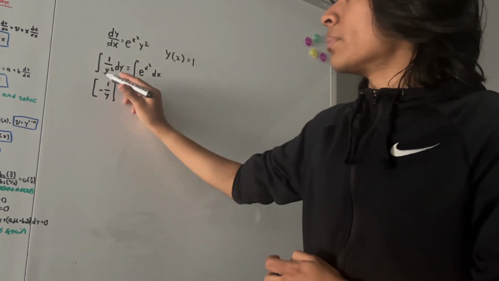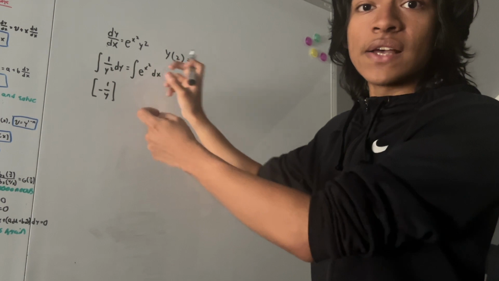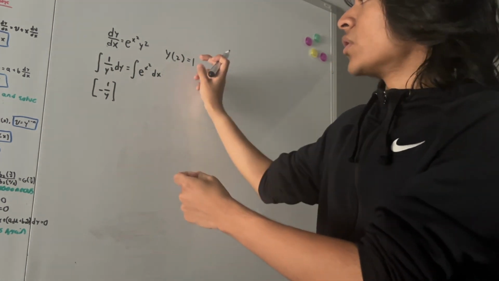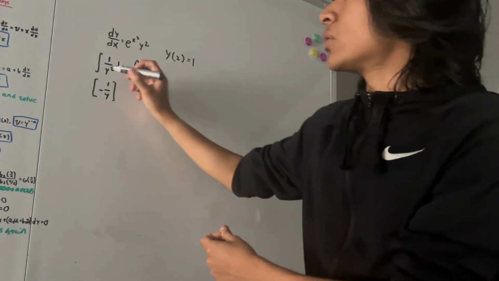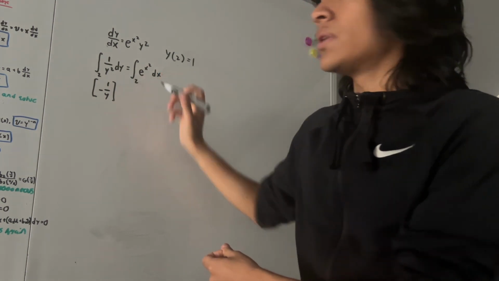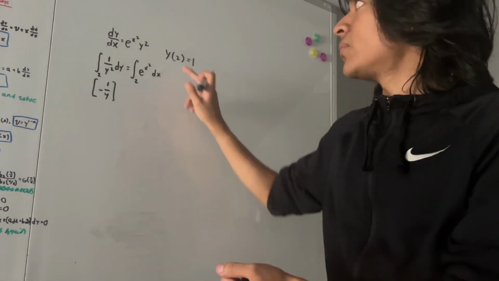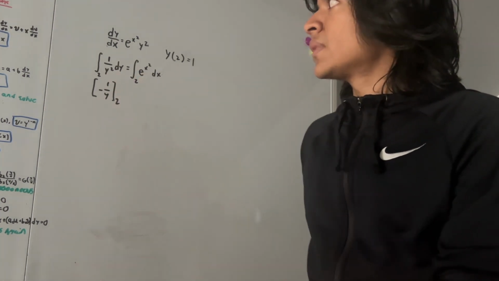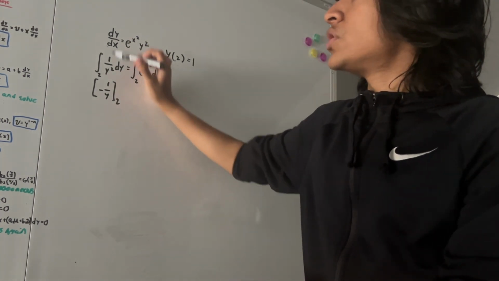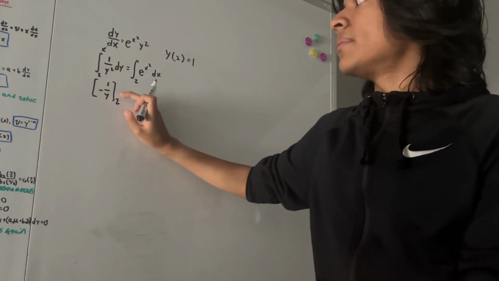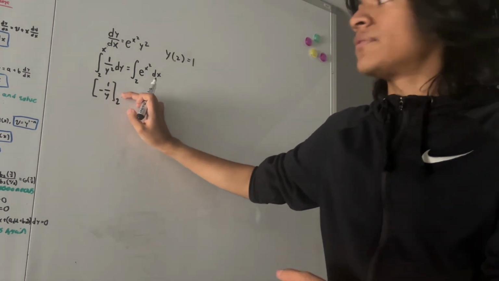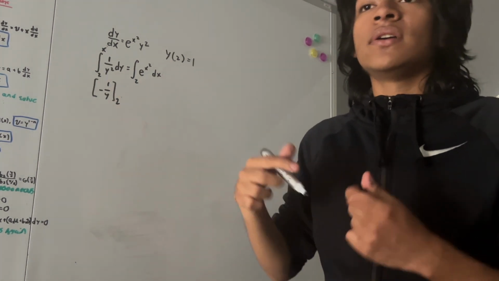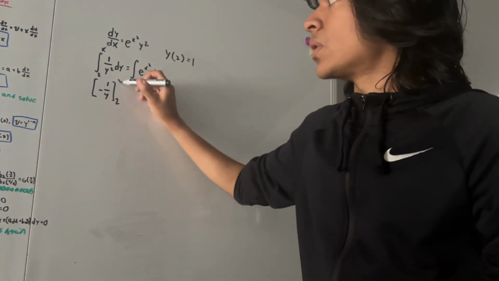For our bounds, both of the bounds of these integrals have to be the same. What I'm going to do is include a 2, so that when we do all that subtraction, we actually have a y of 2 on the left side. It's going to be going from 2 to x. Again, because I want y as a function of x somewhere, I want to be able to get y as a function of x when we include the bounds.